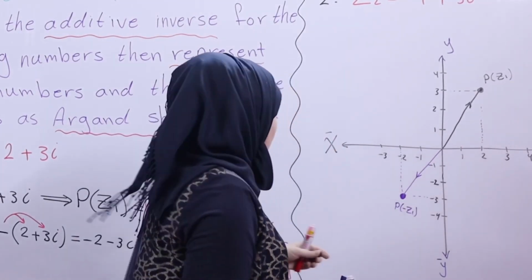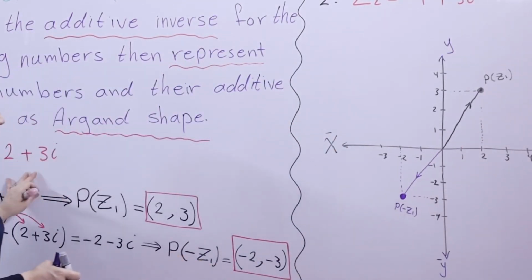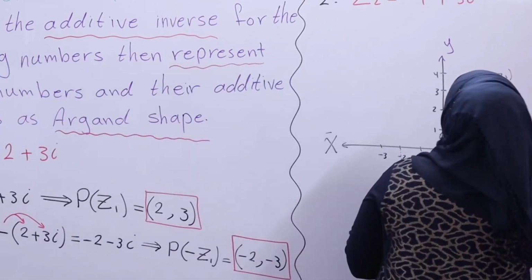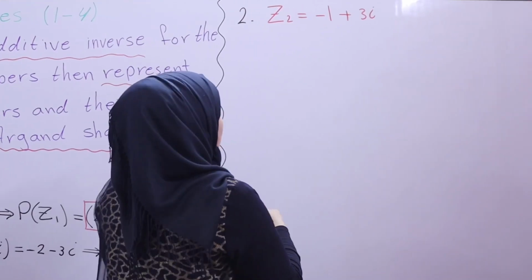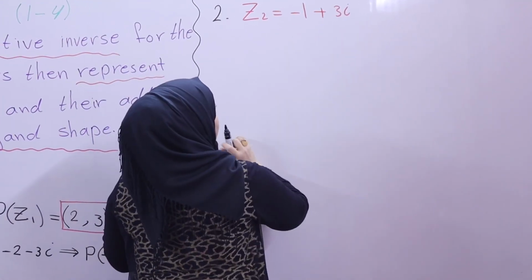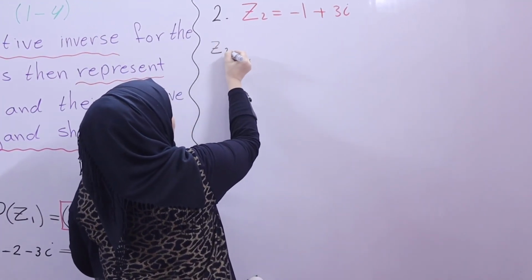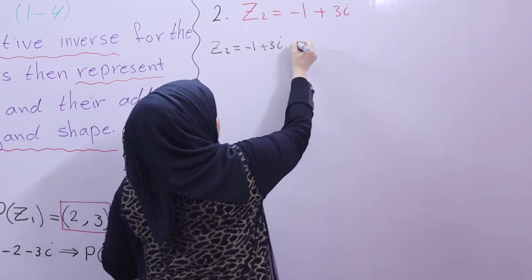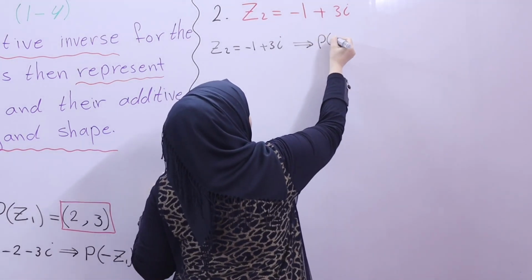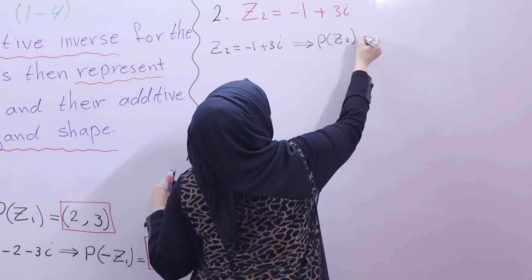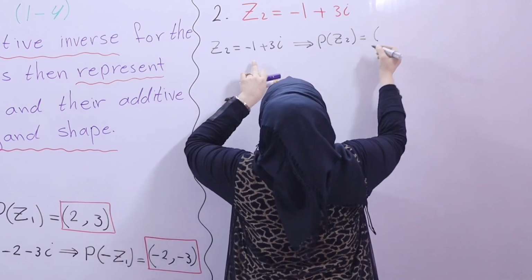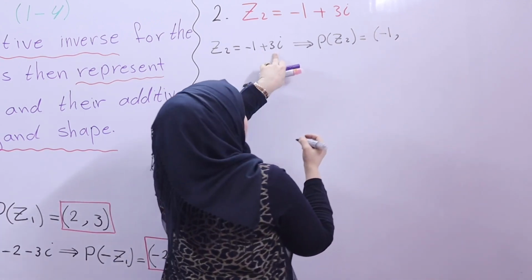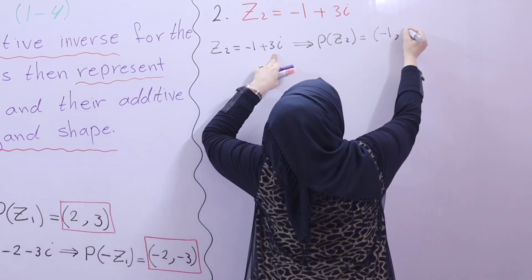So this is the representation of number 1, and now we will solve and represent number 2. So Z2 equal -1 plus 3i. So that means the point which represents Z2 will be, the real part will be the x coordinate and the imaginary part will be the y coordinate.